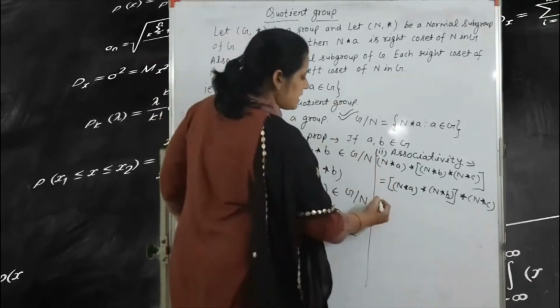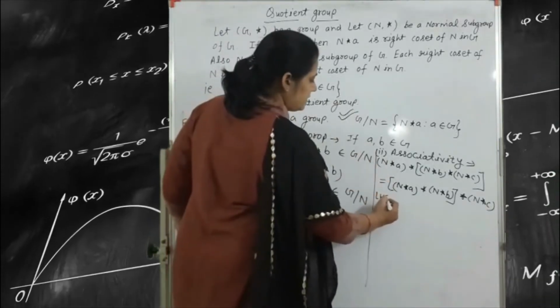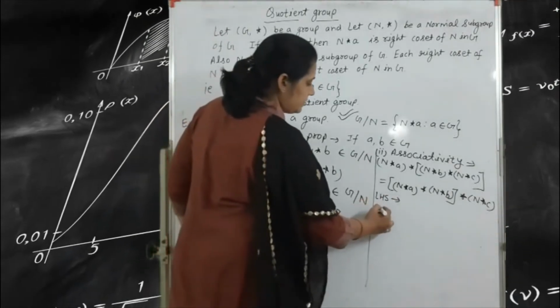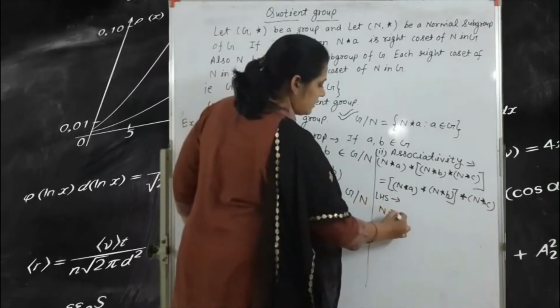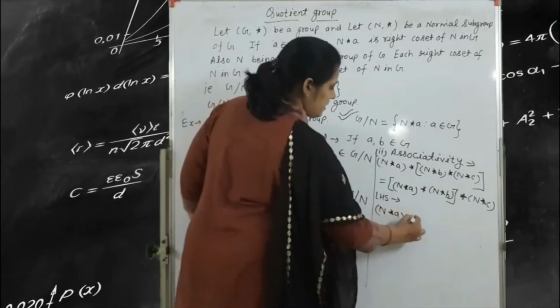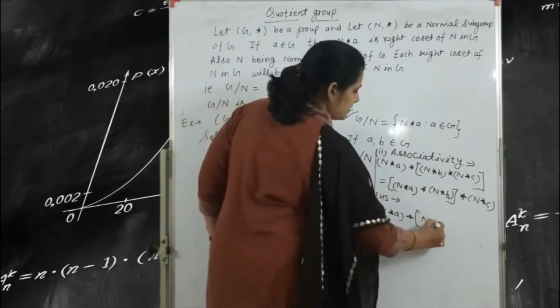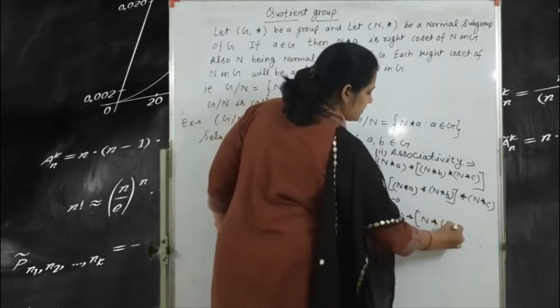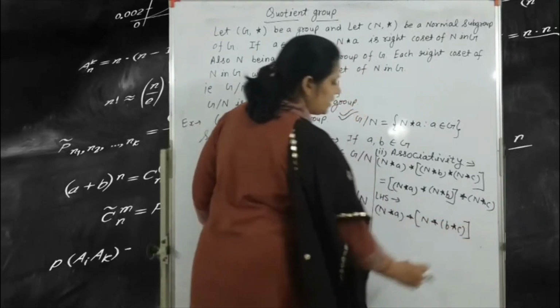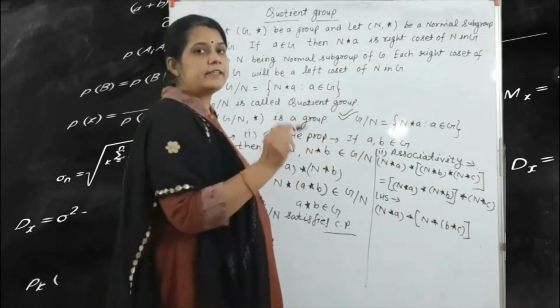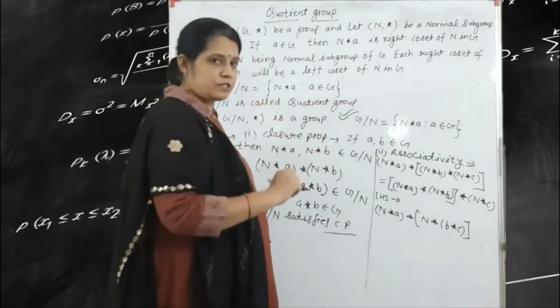So LHS, that means we write (N*a * N*b) * N*c. According to closure property, we write it on the right hand side with the help of closure property.